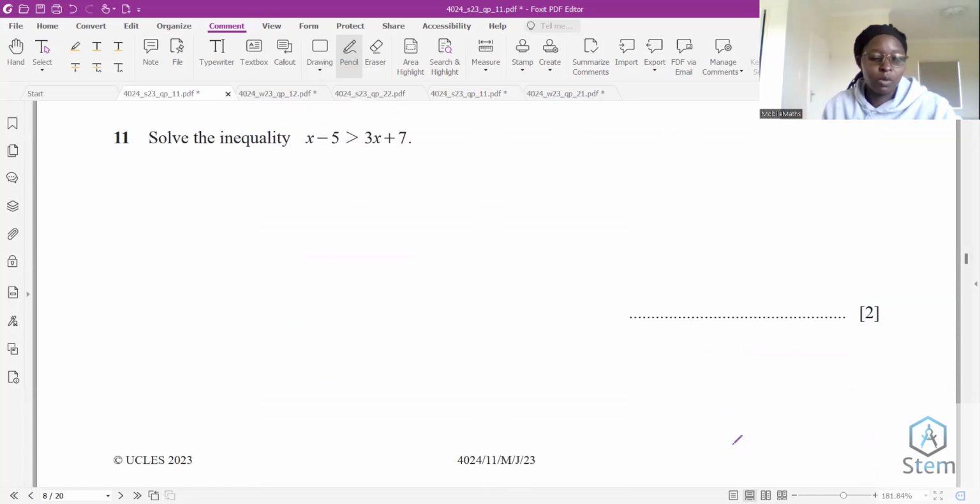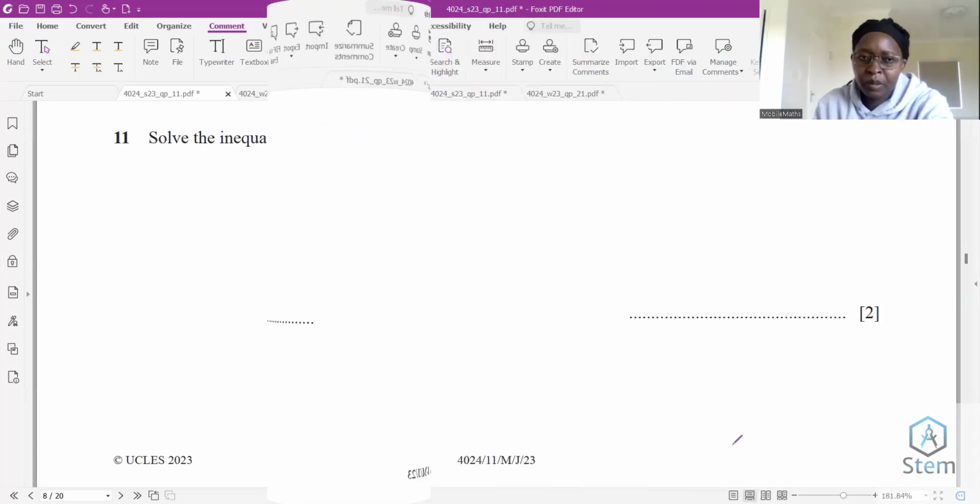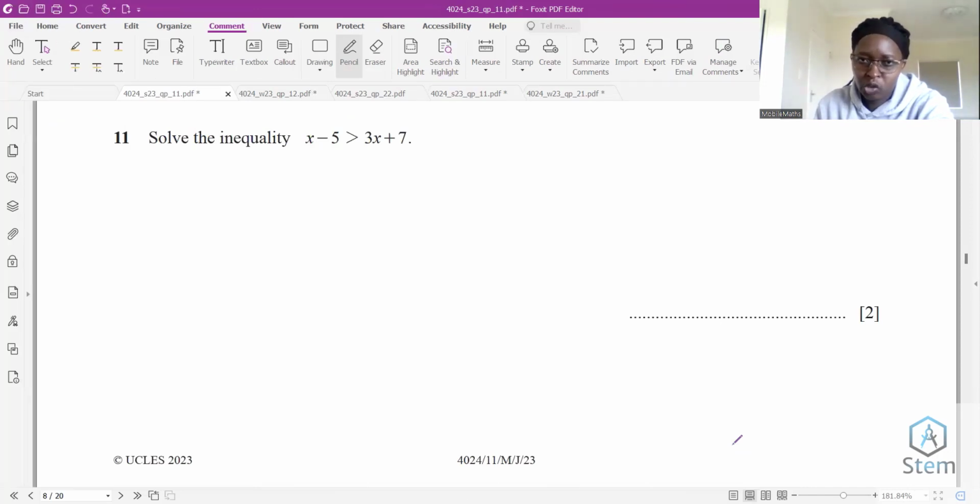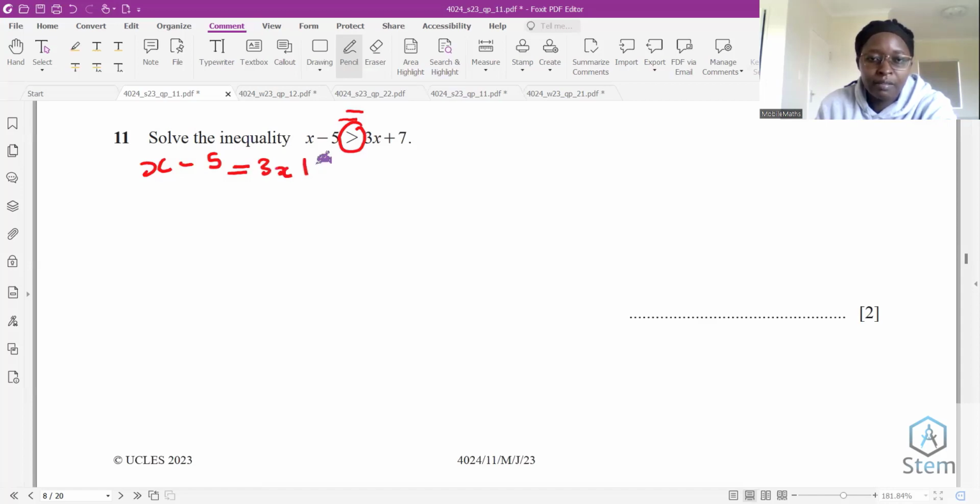Okay, let's move on. Now, we are saying solve the inequality. So basically, when you are solving an inequality, you can take that this sign is like an equal sign. Okay, so let's do that. So I can say x minus a 5 is equal to 3x plus 7.